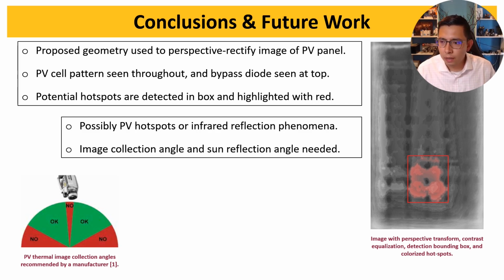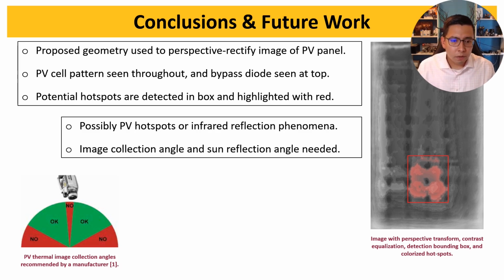We want to track the collection angle associated with our camera compared to the angle and geometry of the solar panel in view, also compared with the sun and any other opportunities for it to reflect off of other surfaces.